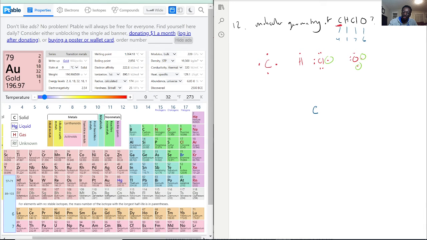So we have carbon in the middle, and we have 1 bond to each, and it's going to be Cl, H, and O. So with that being said, chlorine is going to fill out the rest of its 7. So that's 1, 2, 3, 4, 5, 6, and it's sharing one of its.